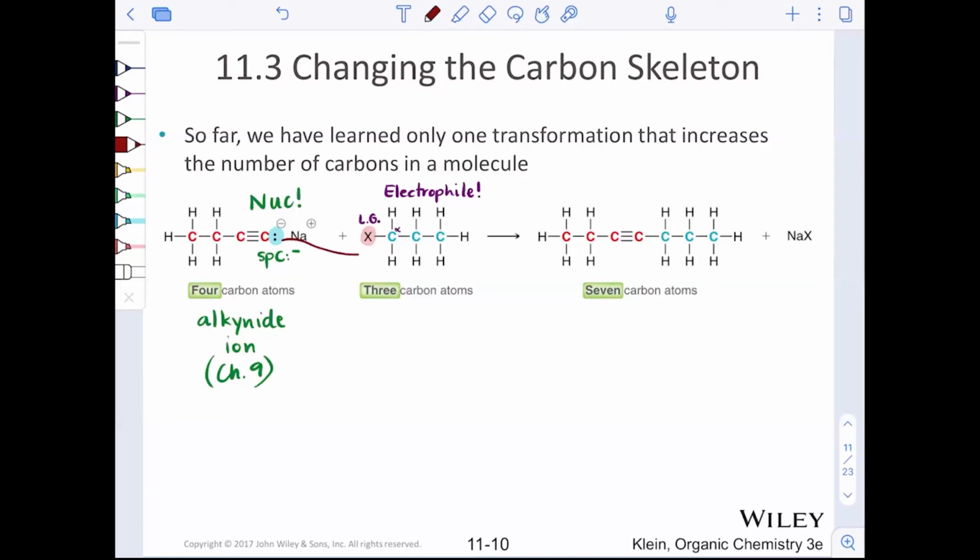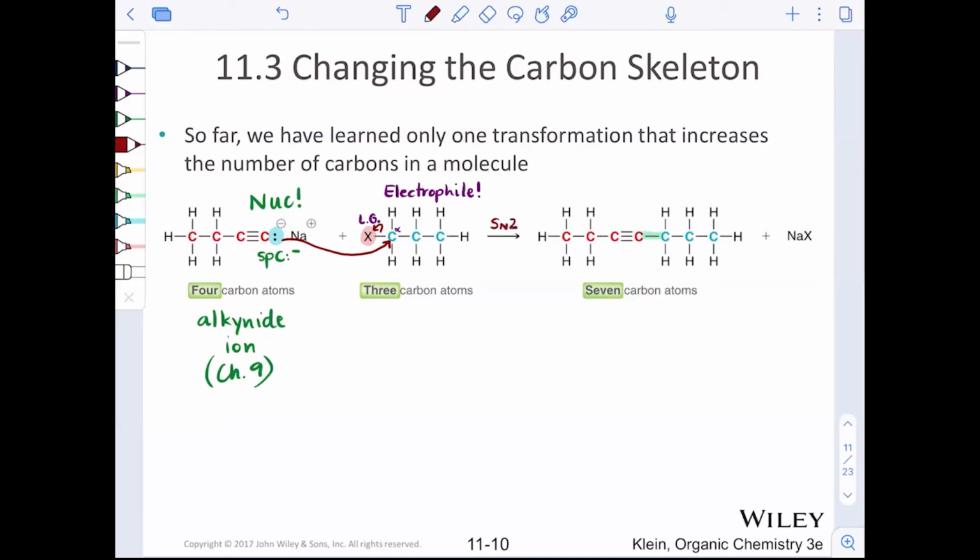Oh, so romantic. The nucleophile attacks the electrophile. That carbon can't have 5 bonds though, so it takes what it can and kicks off the best leaving group, making that new bond. Organic chemistry love. This was our SN2 reaction.